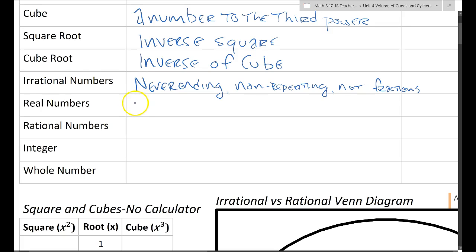Real numbers are pretty much everything except this fancy number called i. You don't need to worry about that this year. Rational numbers are numbers that terminate, they end, or repeat, meaning they're predictable. They terminate, they repeat, or they are fractions.